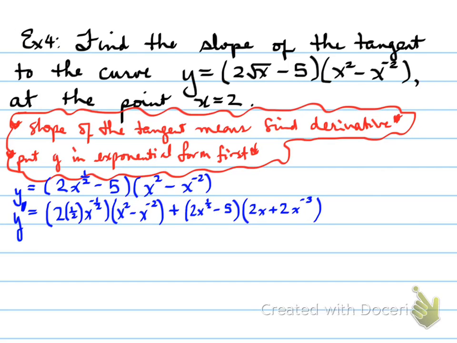Why is it negative 3? Well, remember, for the power rule, it says that we bring the exponent to the front, and then we have x, and what we do with the exponent is we reduce the exponent by 1, subtract by 1. And that's why it turns into 2x to the negative 3.